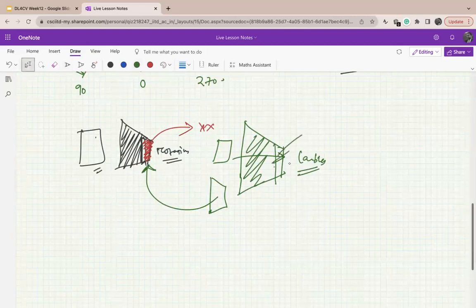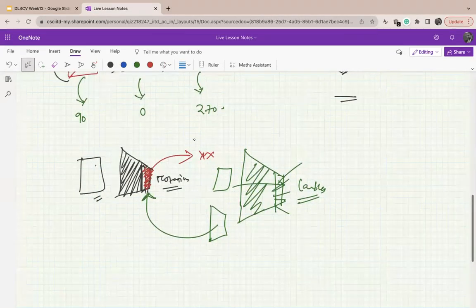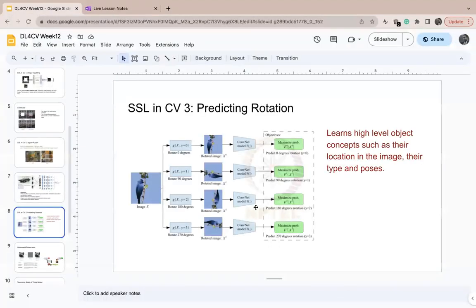You can just learn this part and you will get a fairly good classifier out of it. Even if you have a very small amount of labeled data and millions of unlabeled data, you can leverage these millions of unlabeled data to learn patterns and connections between the image and the label without worrying much about it.